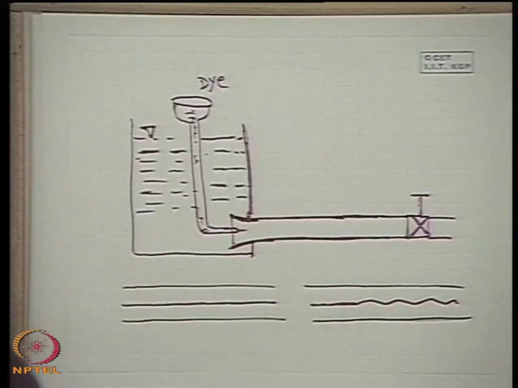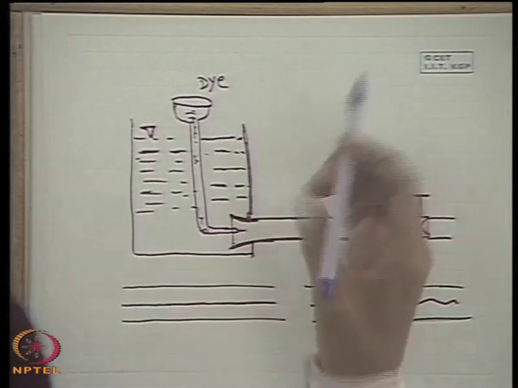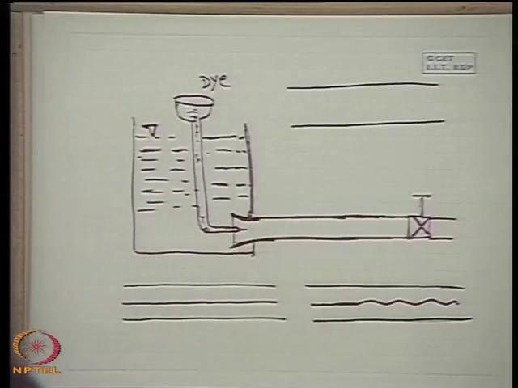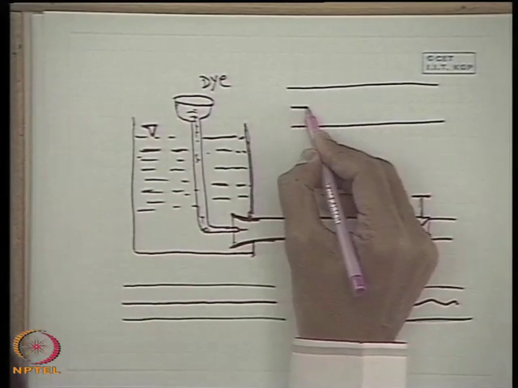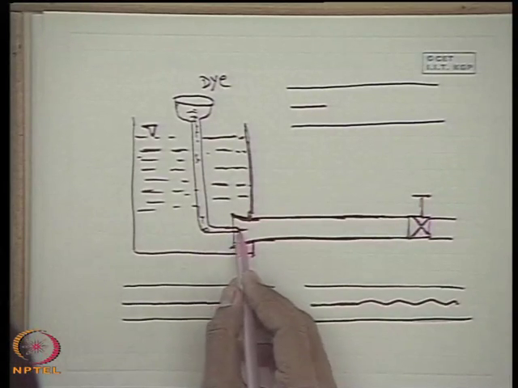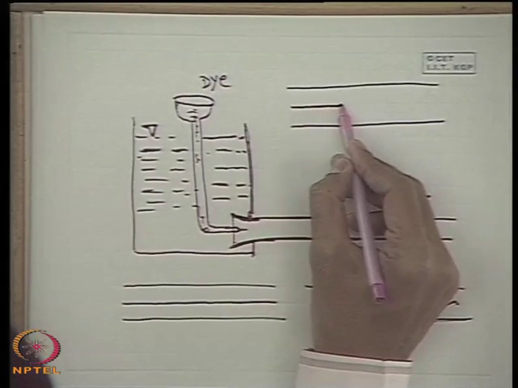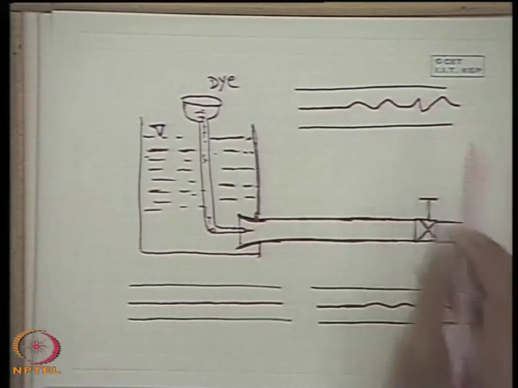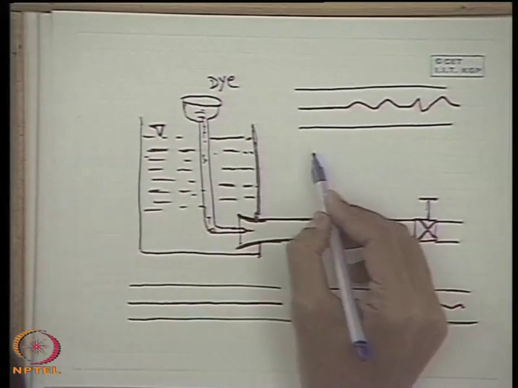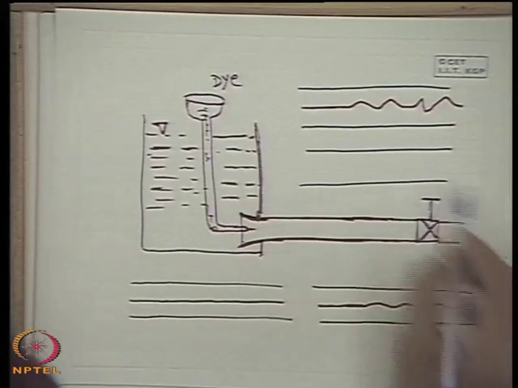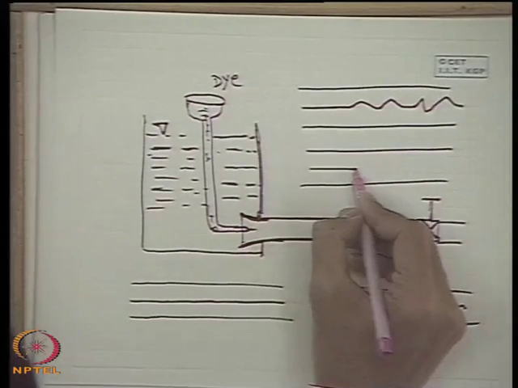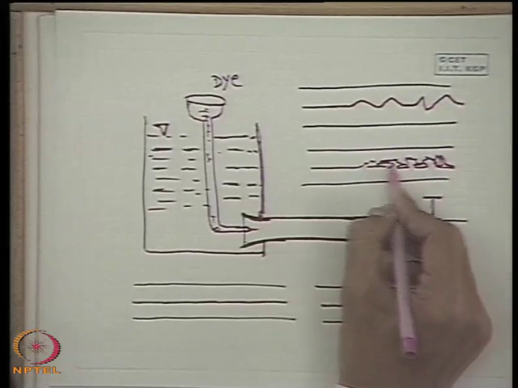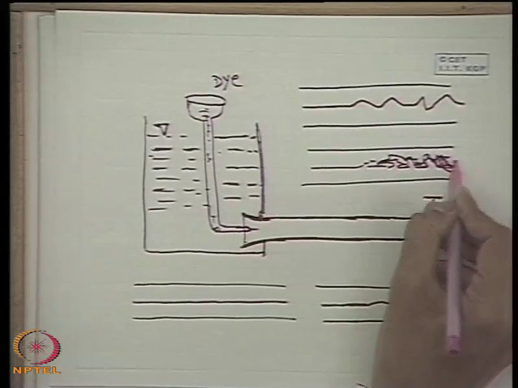And with still further increase in the flow, he found that the waviness in this colored dye which was injected here, that means this thread, becomes more and more erratic like this, and at still higher flow it moves very irregularly like this.